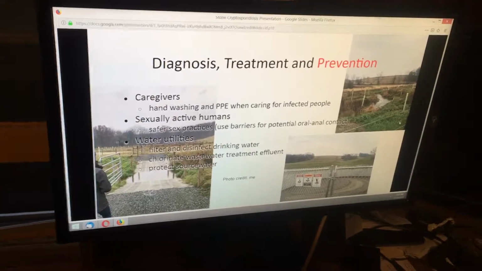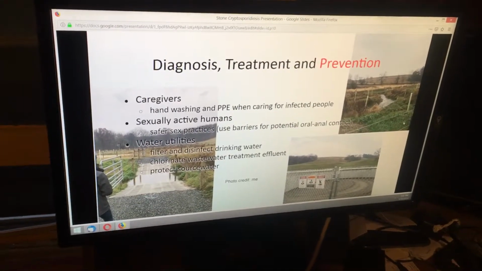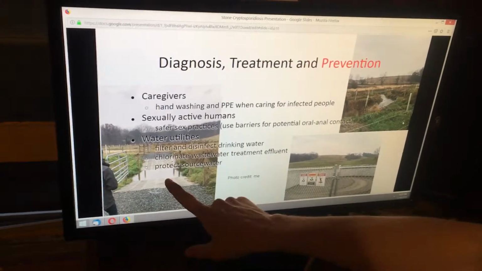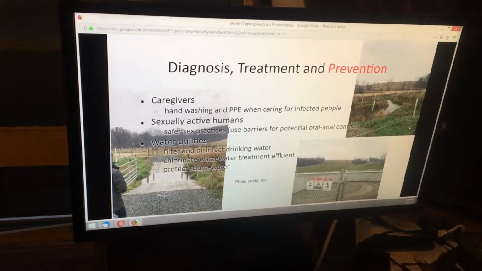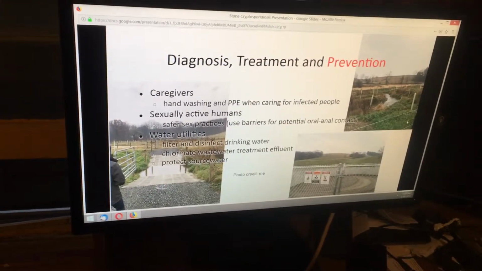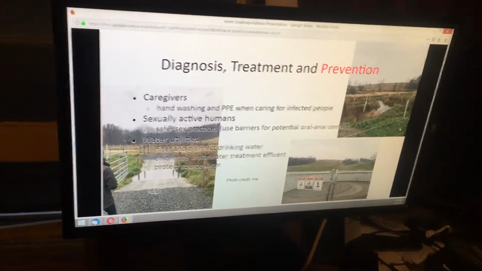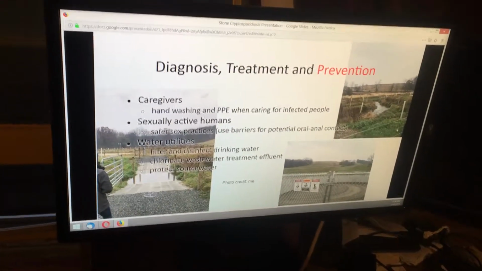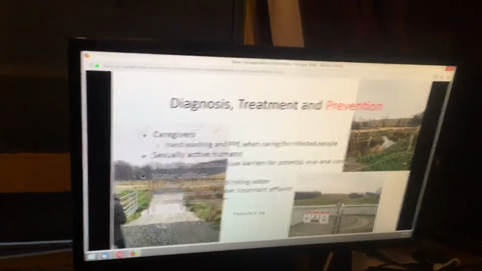Protecting source water is something that we do in Pennsylvania to prevent cryptosporidiosis. So this picture is a best management practice on a dairy farm in Pennsylvania. The fencing funnels the dairy cows through the stream at this protected location so they don't churn up as much dirt. The dirt can carry Cryptosporidium particles further than they can get on their own.